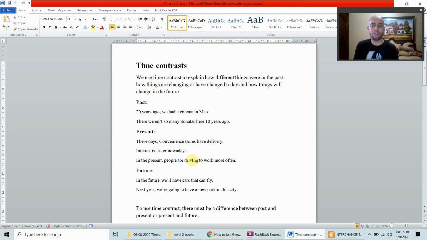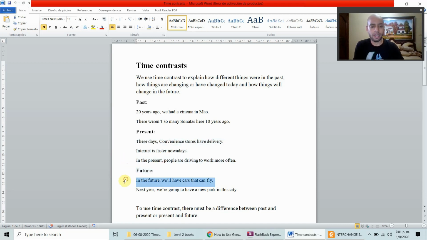But now, a lot of people have cars and motorcycles, so they can drive. So people are driving to work more often these days. As you can see, there's a comparison between how things are right now and a past situation.